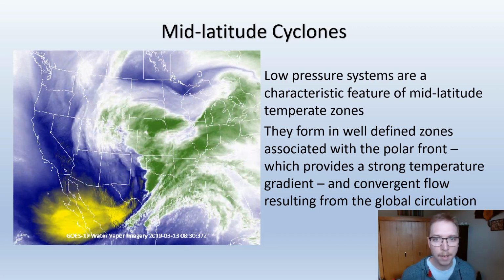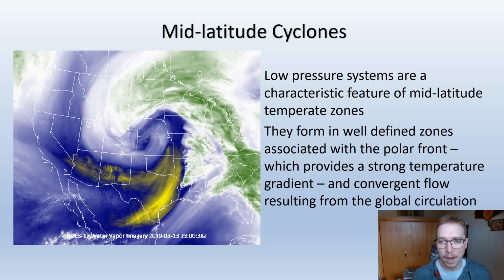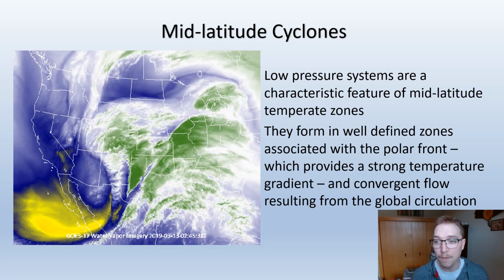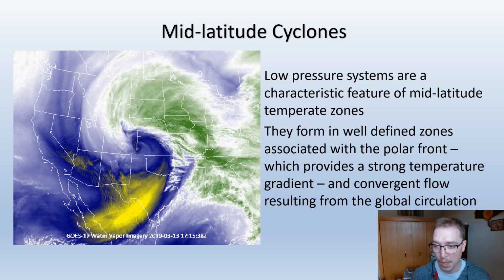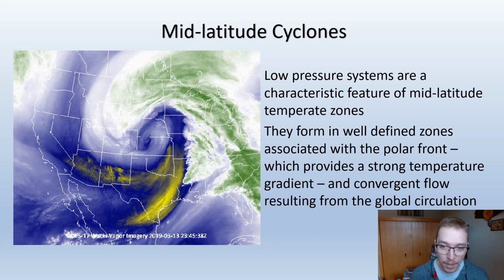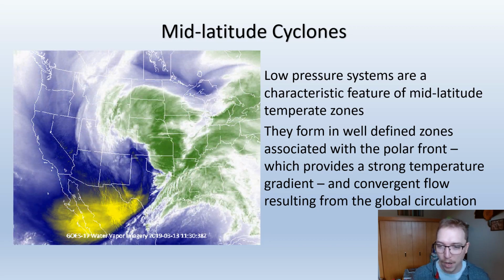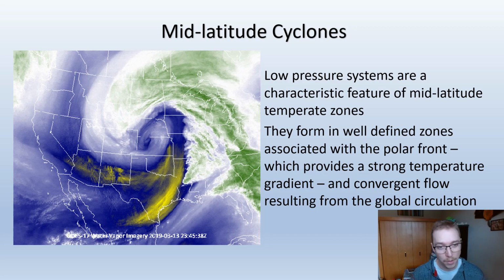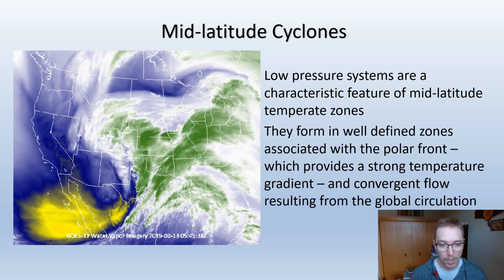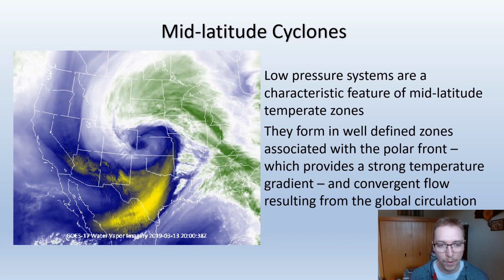So looking at mid-latitude cyclones, just to recap, these are low pressure systems that are characteristic features of mid-latitude temperate zones. So think 30 to 60 degrees north and south latitude. They form in well-defined zones associated with polar fronts, which provide strong temperature gradients and convergent flow resulting from global circulation patterns. We've talked about all these before. So we're in particular on that GIF on the left looking at a storm that formed over southern Colorado.